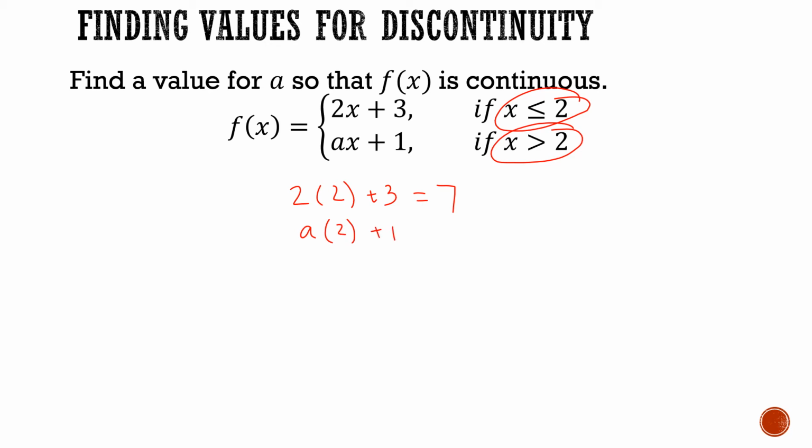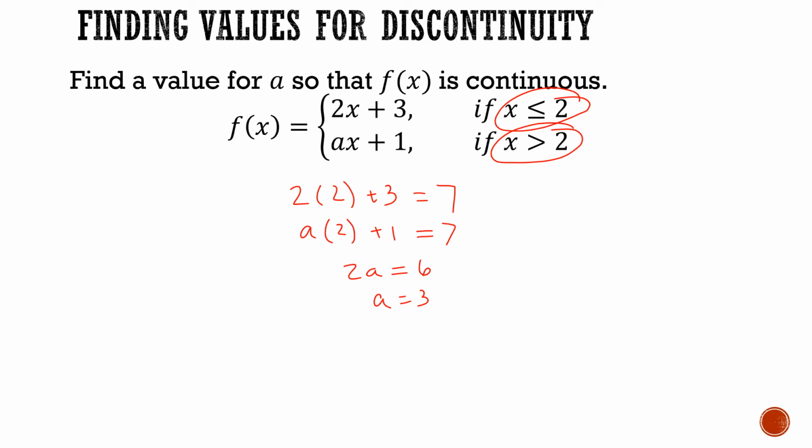Now remember that a times 2 plus 1, I want to equal 7 because the top equals 7, and I want it to equal the same thing. So now solving this, I get 2a equals 6, or a equals 3. So in order for this thing to be continuous, a would have to equal 3. And of course, I can take that 3, plug it back into my function and check my work to make sure that it actually works out.